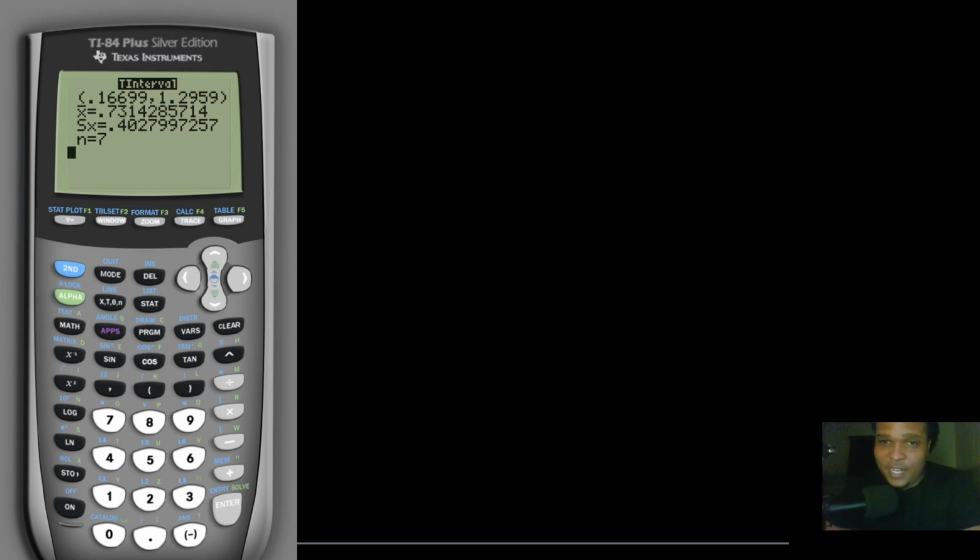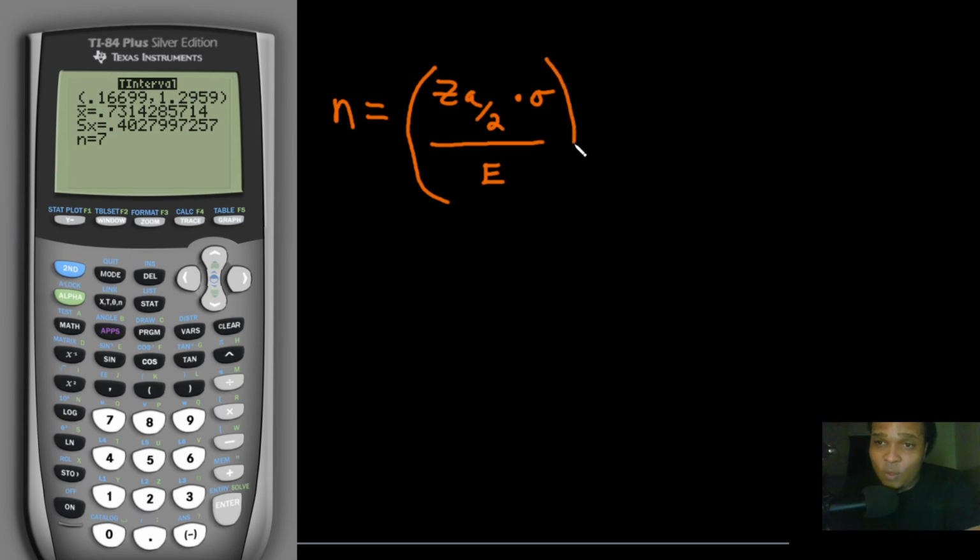Here's the formula. Ready? This is when you're dealing with means and standard deviations. So the sample size now is going to be your Z alpha over 2 times your standard deviation divided by your margin of error, and the whole thing is going to be raised to the second power.